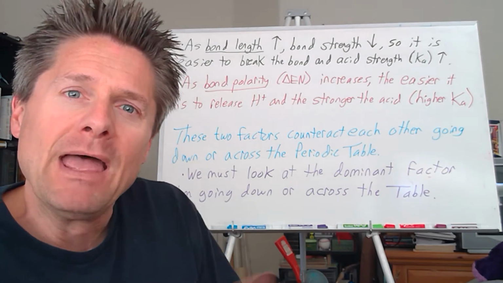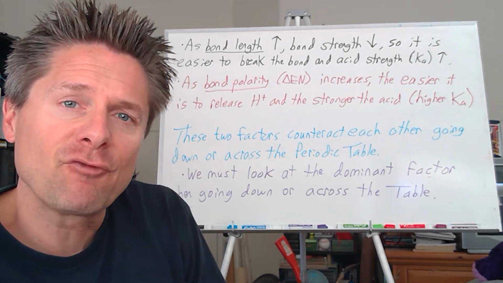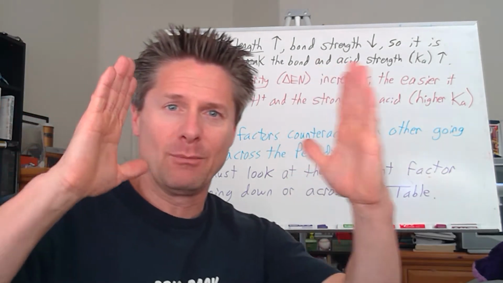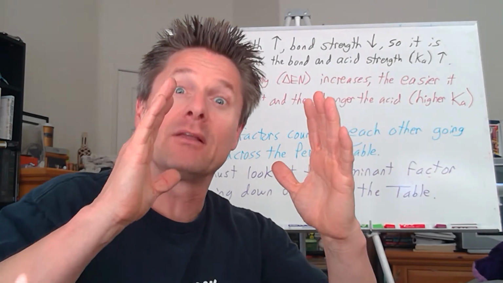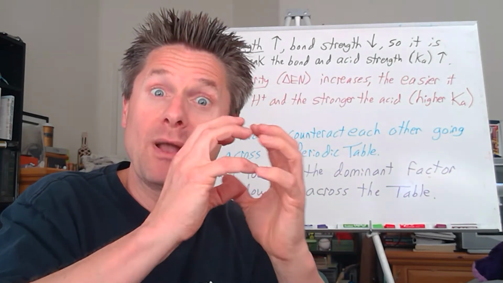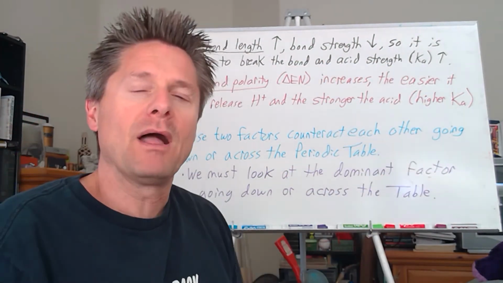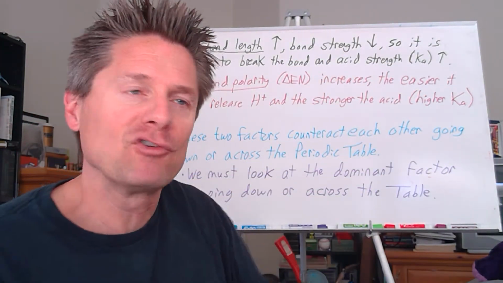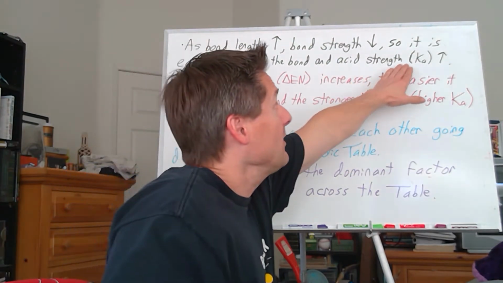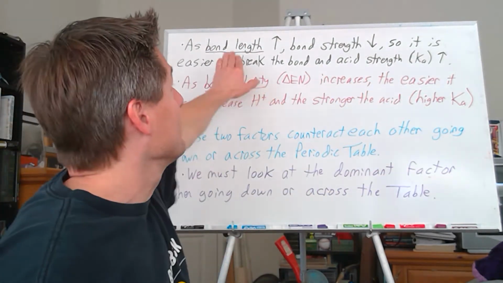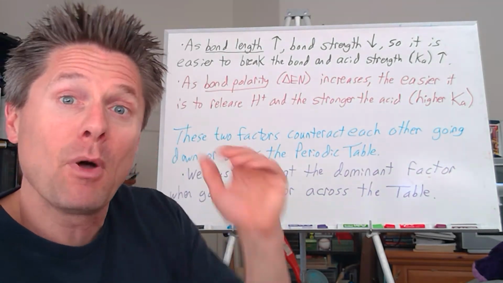We looked at that in first semester general chemistry. We talked about single bonds being longer than double bonds, being longer than triple bonds, but triple bonds having a stronger bond energy than double bonds than single bonds. So bond length and bond energy were inversely proportional. So the strength of that acid increases as the bond length increases and the bond strength decreases.